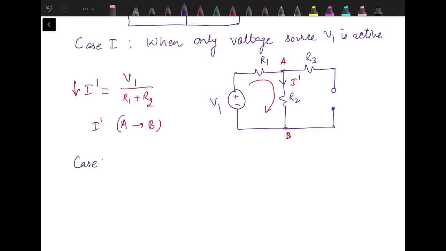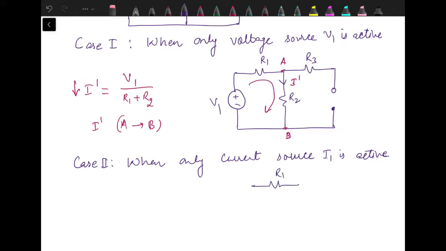Case 2, when only current source I1 is active. So when I1 is active, it means we have to deactivate voltage source V1.